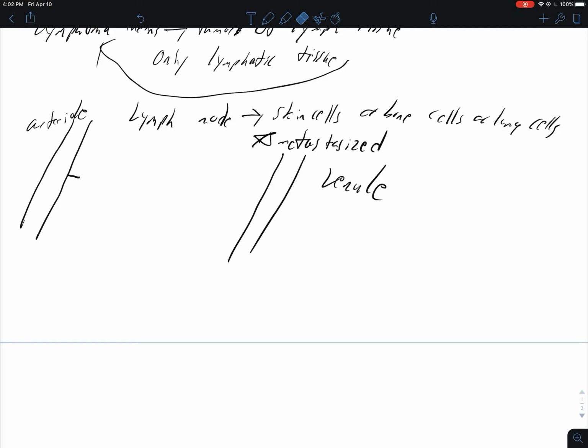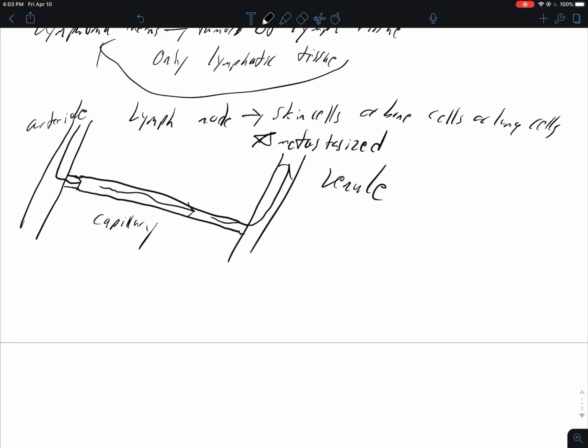Let me just erase those lines in the middle. Let's just call this our capillary, even though it would really have a big capillary bed, a bunch of them. Let's do this to make it simpler. The blood's coming in this way, and then back out.